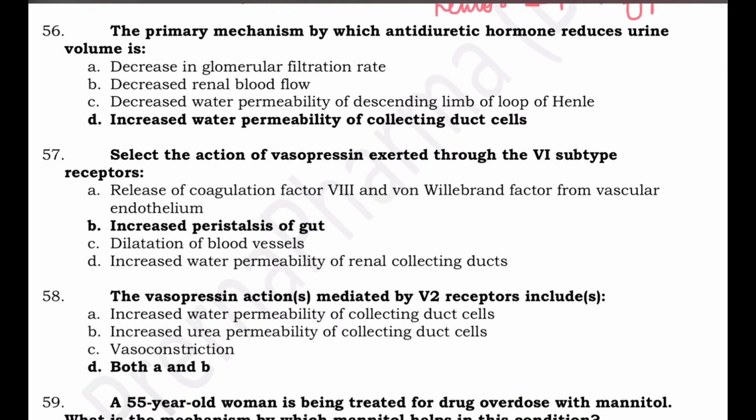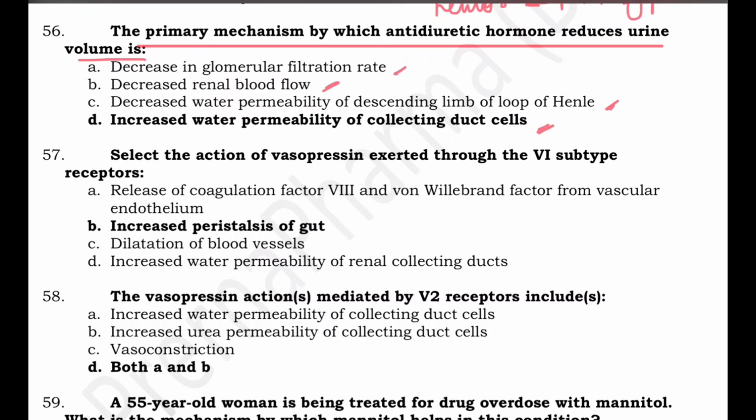Willebrand factor. The primary mechanism by which antidiuretic hormone, ADH, reduces the urine volume: ADH will basically reduce the water flow into the urine. So how does it reduce? It decreases the GFR, decreases renal blood flow, decreases water permeability in the loop of Henle, or it decreases the water permeability of the collecting duct.